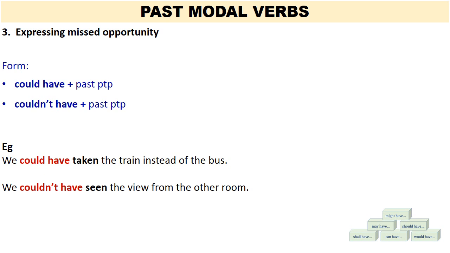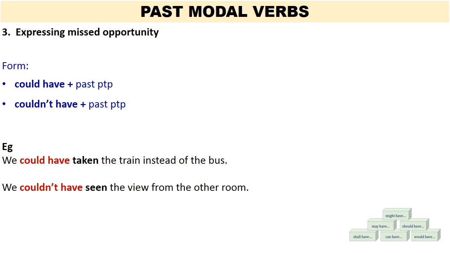Moving on, using the past modal form to express a missed opportunity. And the form would be could have plus the past participle form of a verb, or again in the negative, couldn't have plus the past participle form of a verb.